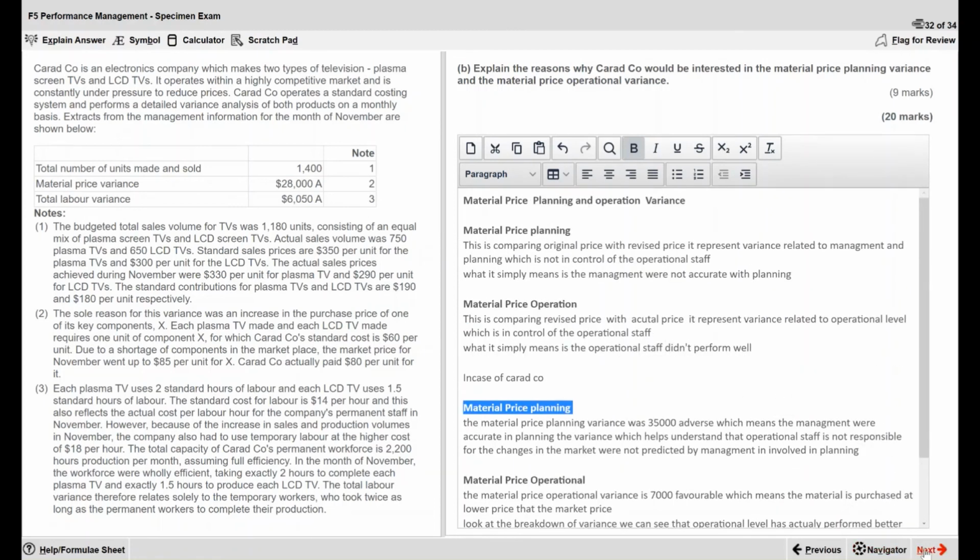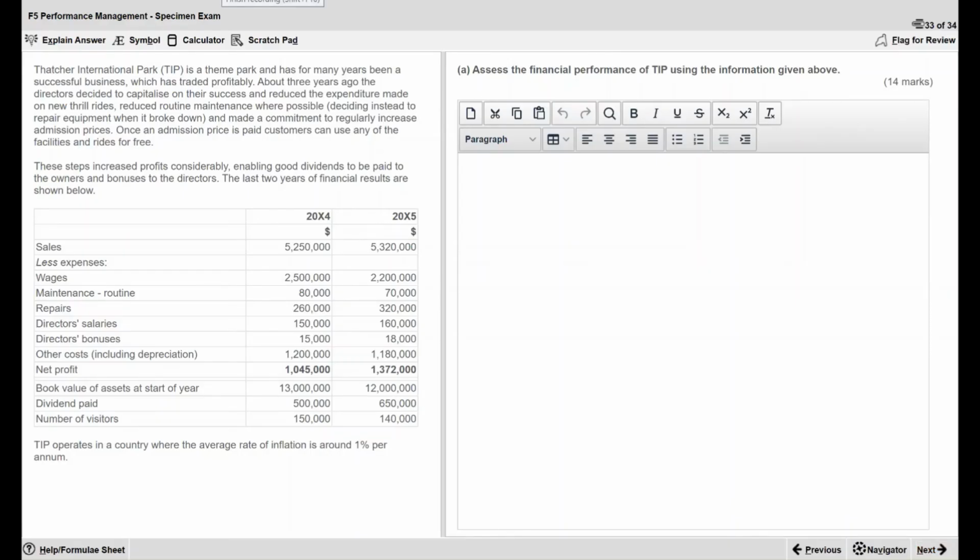Let's look at another question. So again, there are two parts here.